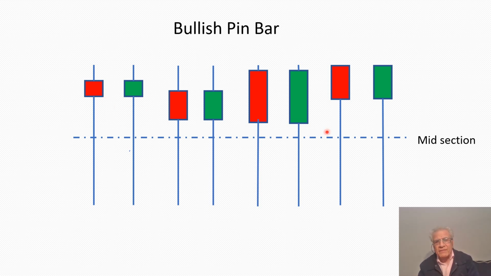So this is a bullish pin bar, and the reason it is bullish is that the buyers pushed the price from here all the way up and up and up and closed it right here. So there is a big bullish power in this pin bar.